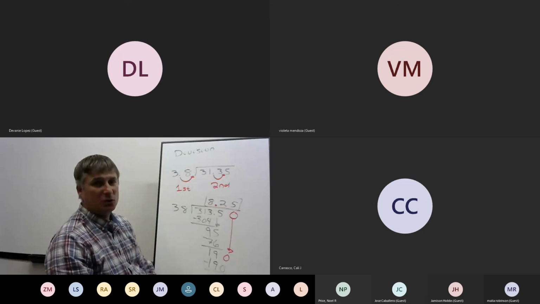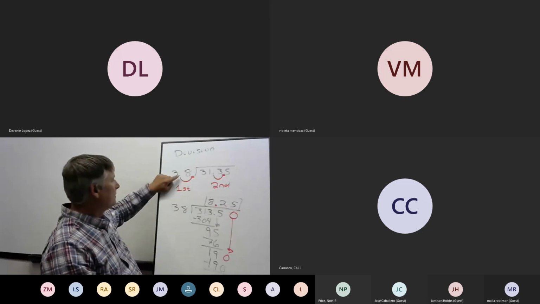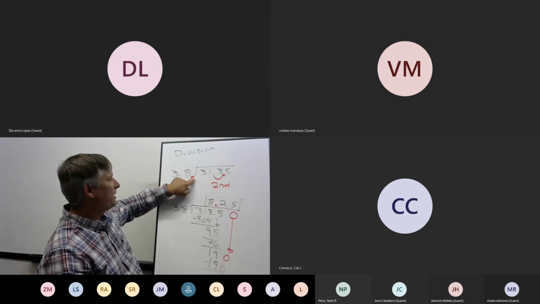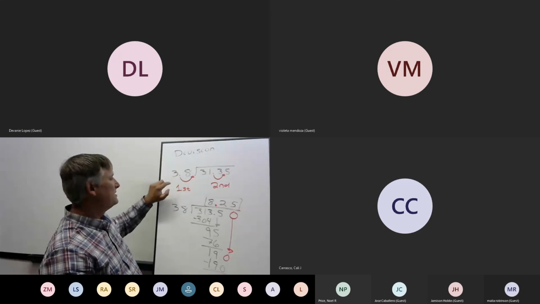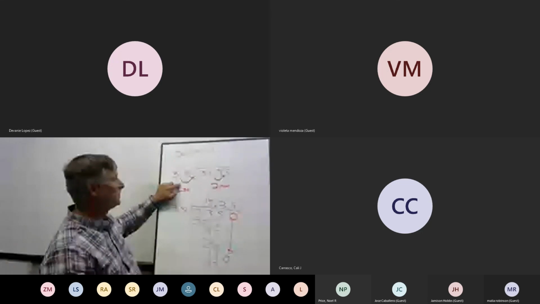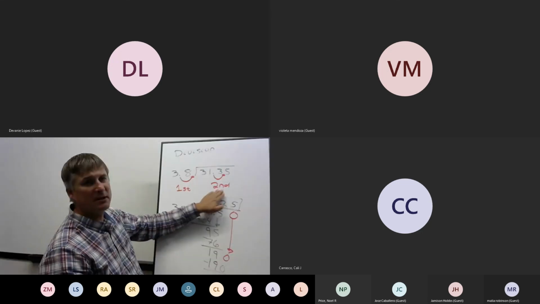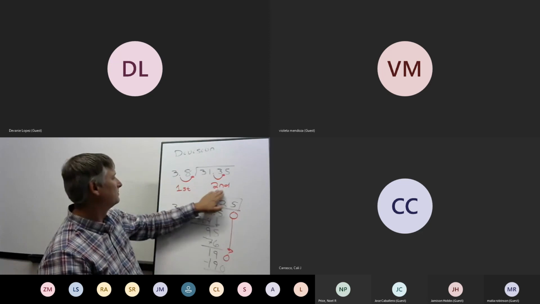So when you have 2 numbers with decimals, move this one over to the right enough times so it becomes a whole number. And the number of times you move this decimal, that's how many times you're going to move this decimal.